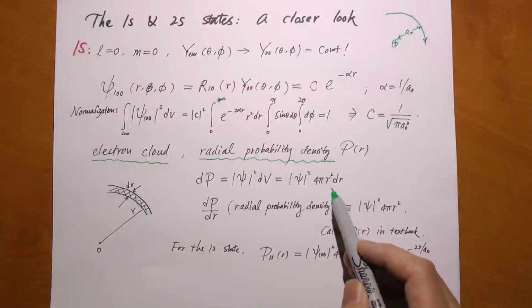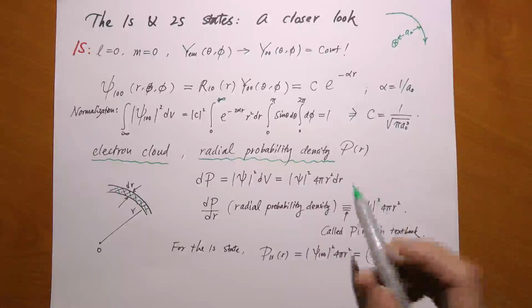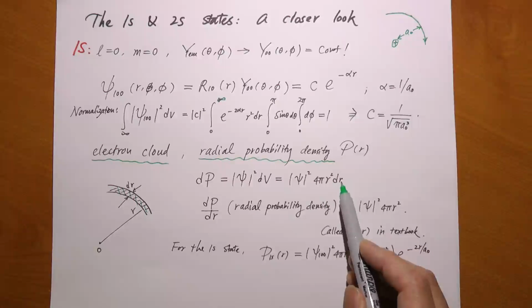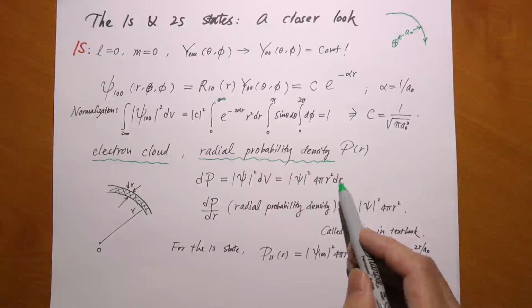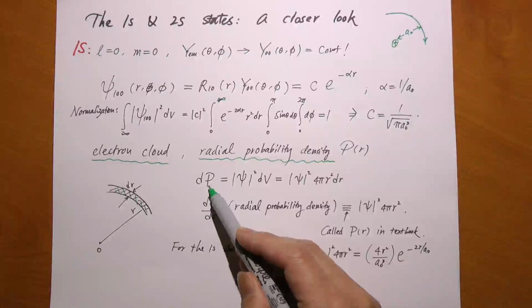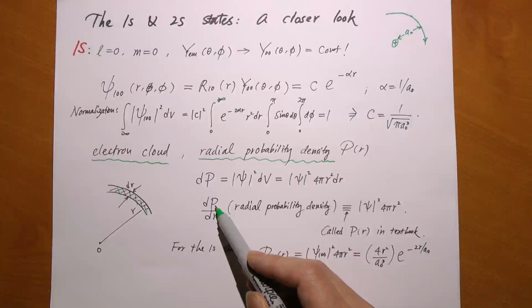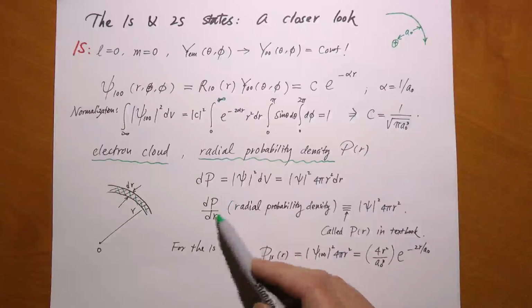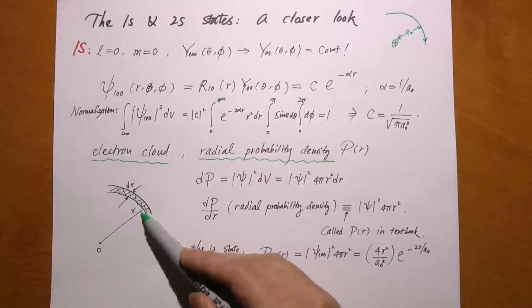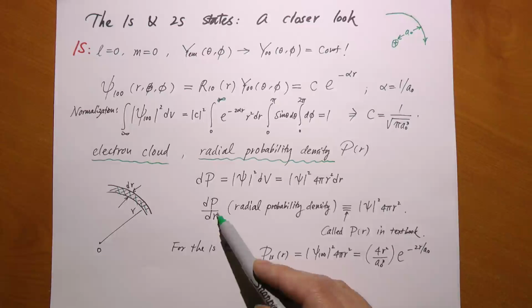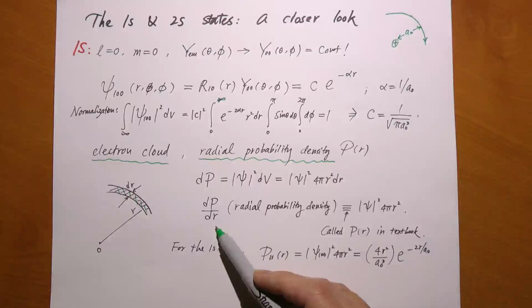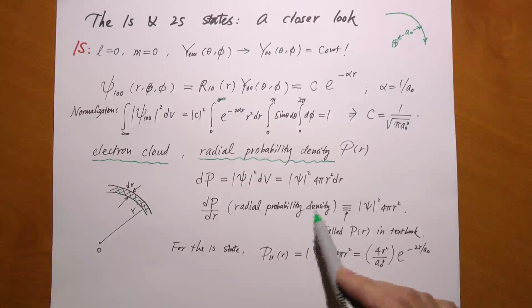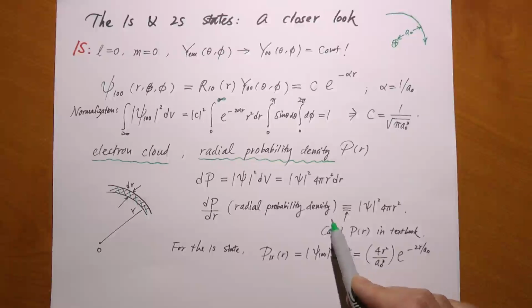dV is 4 pi r squared dr, and therefore we can move that dr, only dr, over. I get the probability of finding the particle between r and r plus dr per unit length distance, okay? Per unit length distance, because it's dP over dr, and that is called the radial probability density. That is the definition.